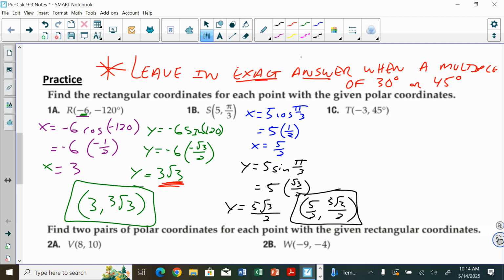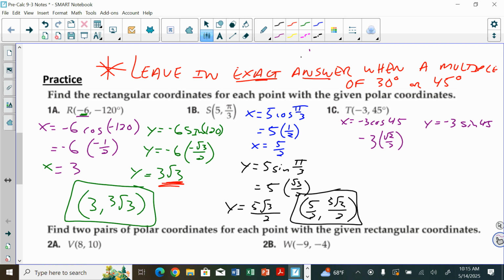Okay. All right, last one here. Do this quickly. So x we know is -3 cosine 45. Y is -3 sine 45. Okay. So that's going to be -3 times square root of 2 over 2.